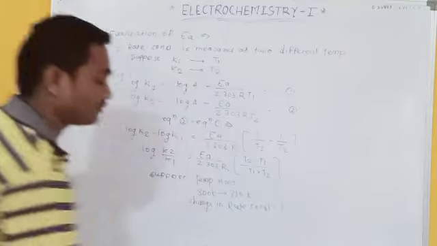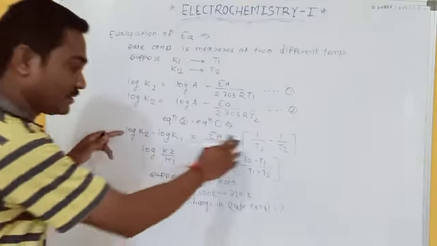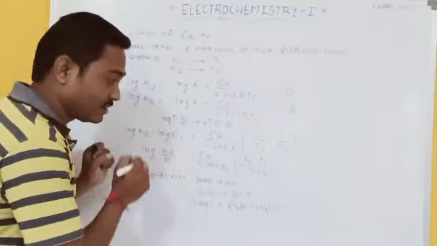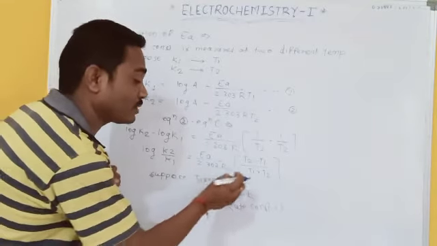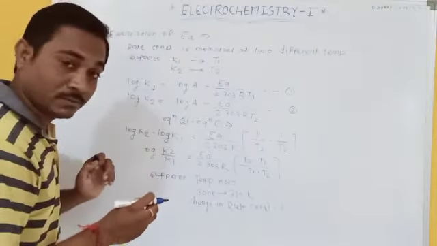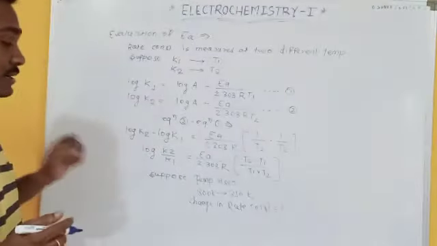From this equation we have to observe what the change in rate constant is when the temperature changes from 300 Kelvin to 310 Kelvin.